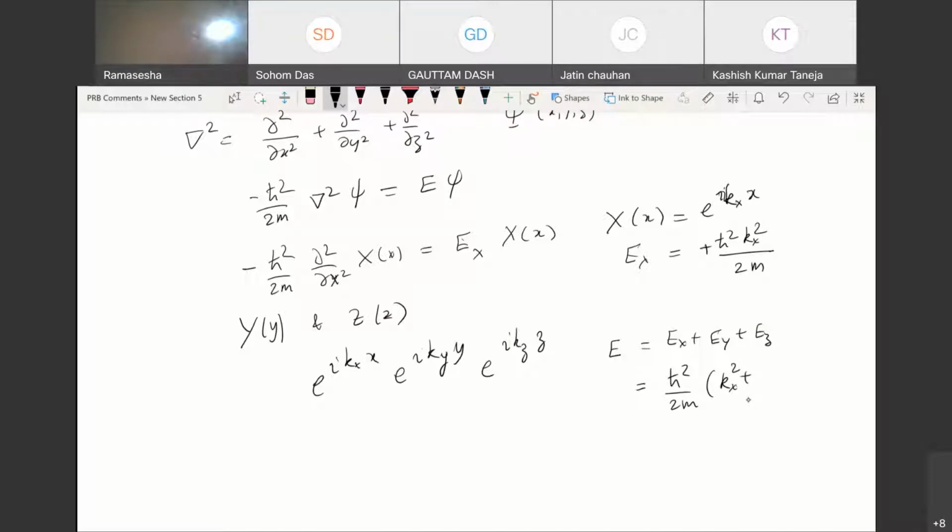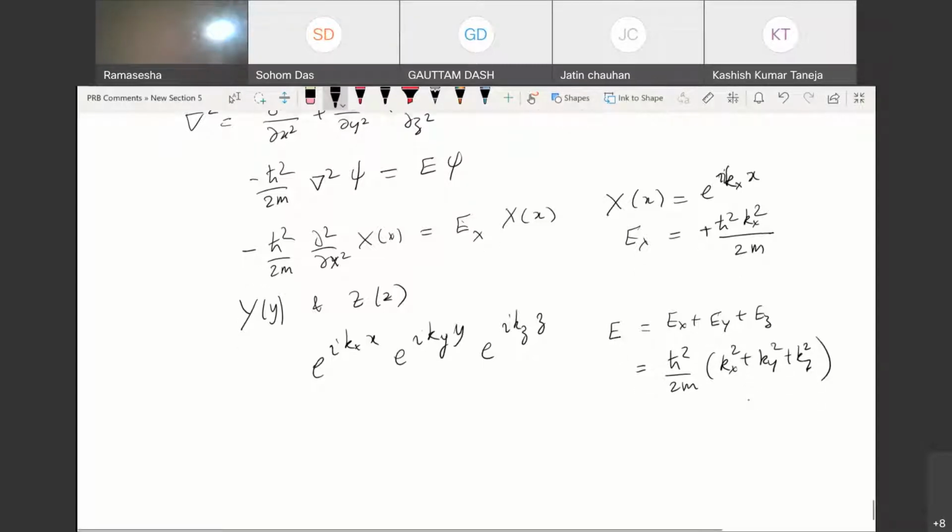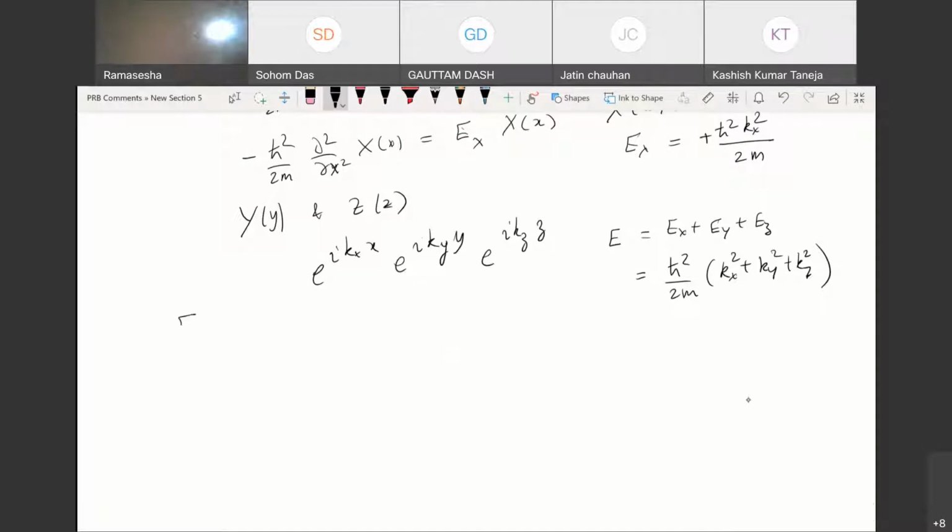So this is the standard free particle calculation, and what we want to do now is in r theta phi coordinates.